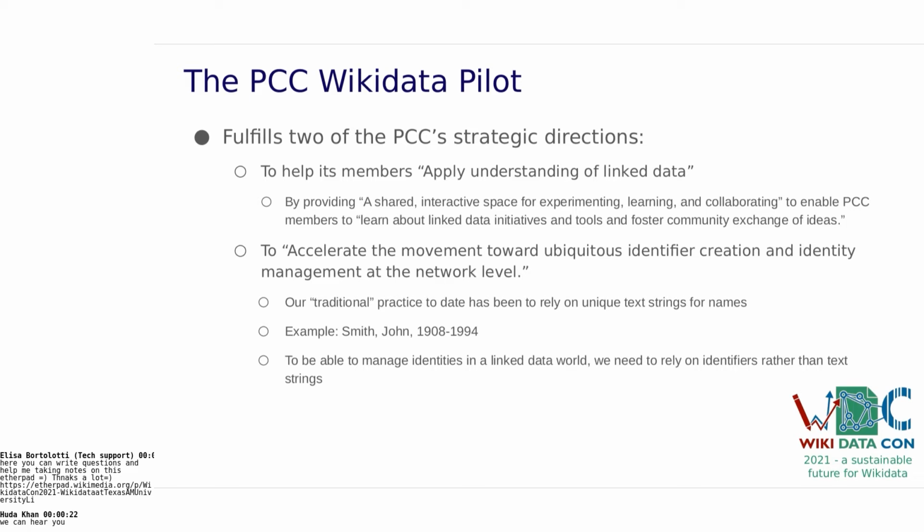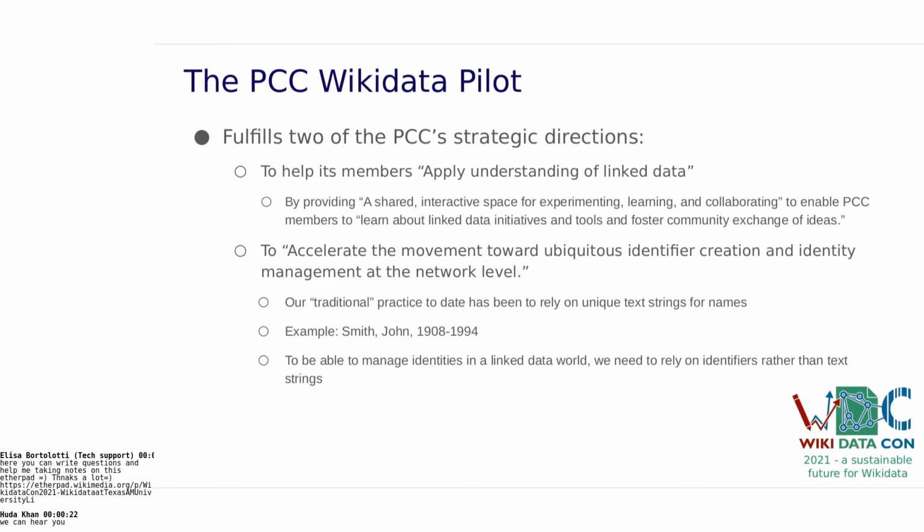And secondly, another direction was to accelerate the movement towards ubiquitous identifier creation and identity management at the network level. So there's also recognition that if libraries are going to start to work with linked data, we need to change some things about our traditional practices.